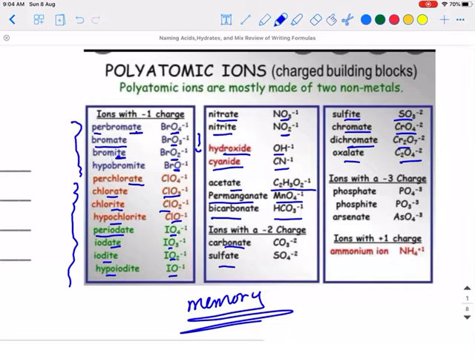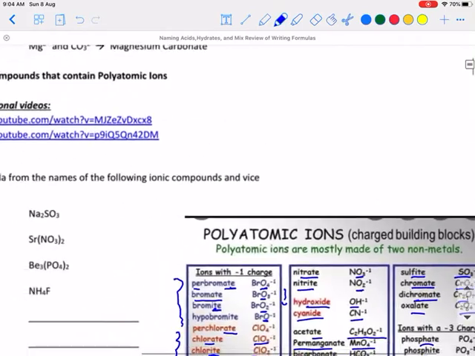Polyatomic ions with -3 charge, like phosphate, PO4 3 minus, phosphite, PO3 3 minus, arsenate, AsO4 3 minus. And the only polyatomic ion that has a positive charge is the ammonium ion, which is NH4 plus. So this table we have to memorize.